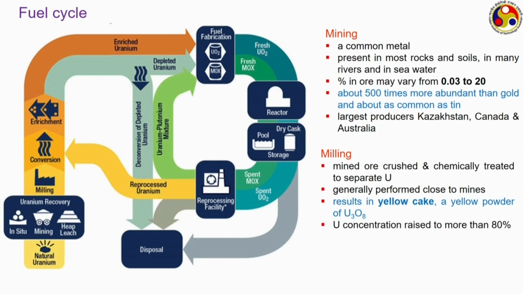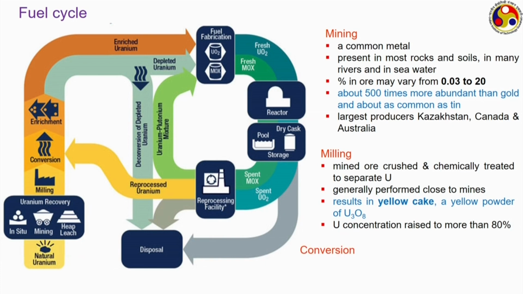And the uranium concentration in the original ore, where it was just 0.3 to 20%, through this milling process can be raised to more than 80%. Quite often in common mills it can be in the range of 90% or more. So, the yellow cake, which is U3O8, contains more than 80% uranium.